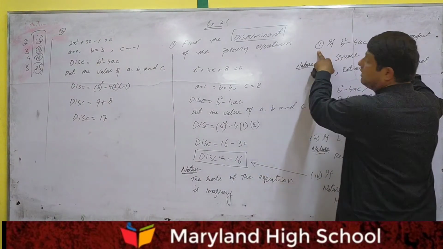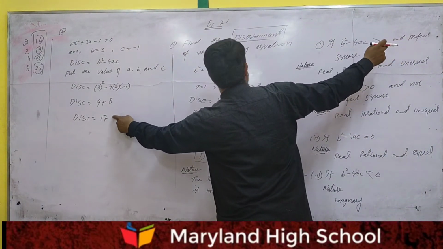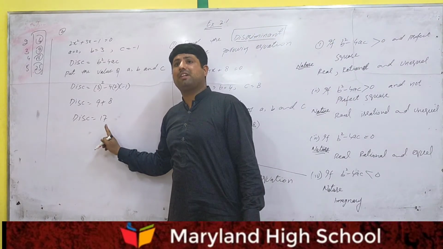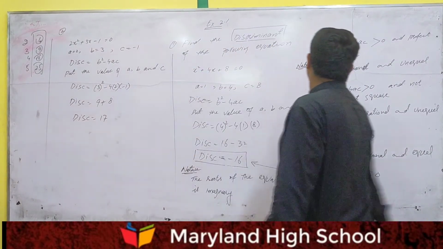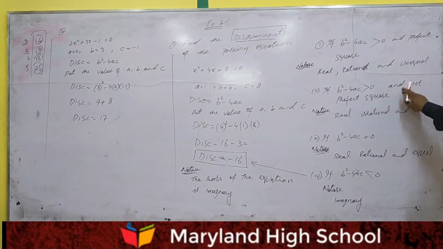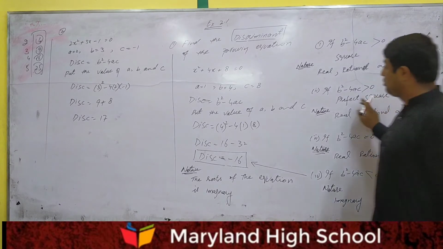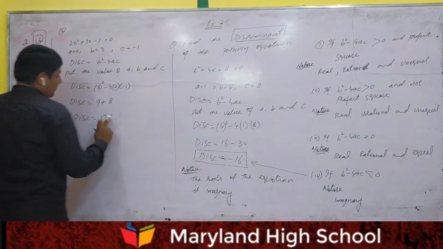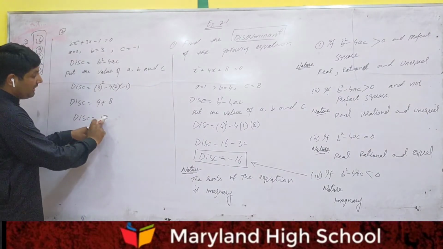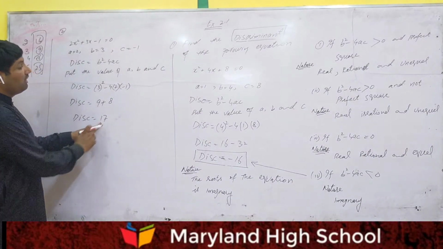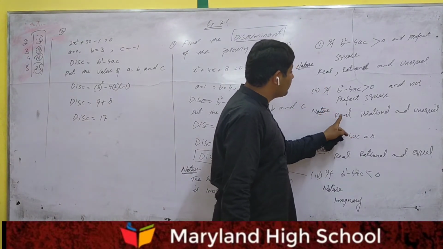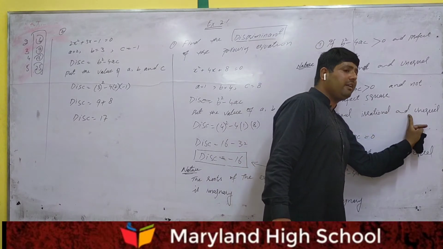But rule 1 is not applicable on this equation because 17 is not a perfect square. And rule 2, b square minus 4ac greater than 0 and not perfect square, is applicable on this equation. 17 is greater than 0 and not a perfect square. If this rule is applicable, its nature is real, irrational and unequal.